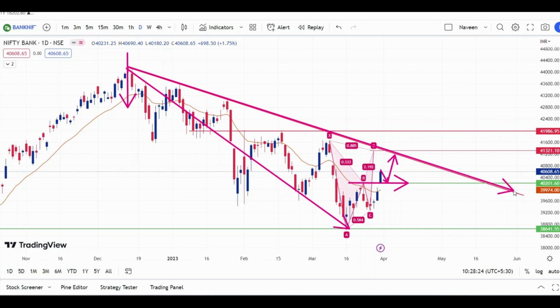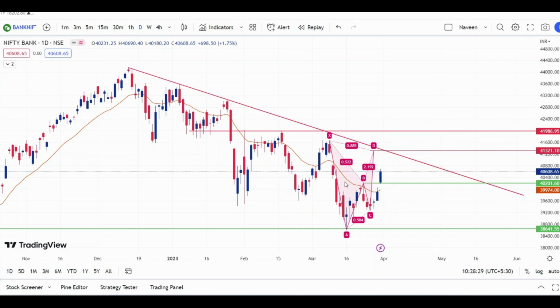This dynamic trend line. Above this level, that is above 40,200, this XABCD pattern got activated, and as per this 0.886 level, our target is coming near 41,321.